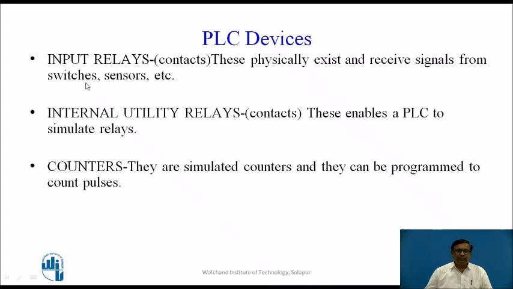Based on the sensor and switch positions, the relay contacts get closed or open. Then internal utility relays. These are not physically present, but they enable a PLC to simulate relays. Physically these relays are not present, but through software these relays can be implemented in a PLC.